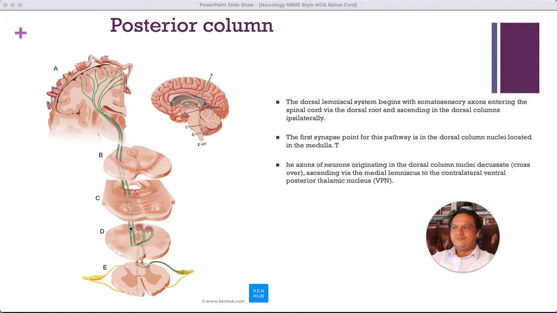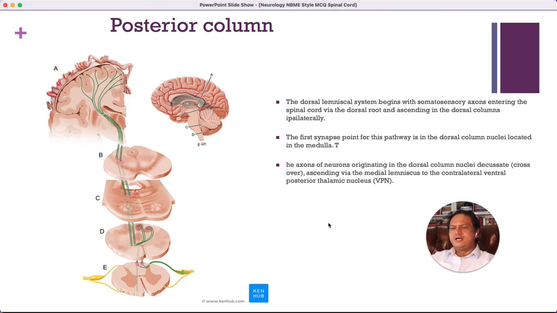This pathway is now called the medial lemniscus, and it goes all the way up to the thalamus, where all the sensations finally intersect. The thalamus then gives the third order neuron to go to the sensory motor cortex. So first order neurons ascend all the way up to the medulla ipsilaterally.